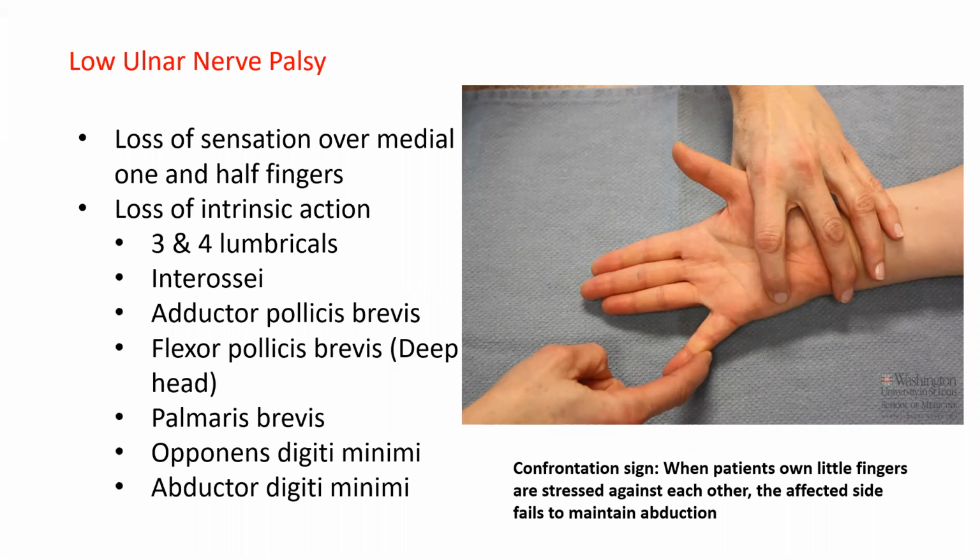Whenever one side is weak, the little finger on that particular side will collapse. Are you able to understand? So when the two little fingers confront each other, the paralyzed side will collapse. So this is called the confrontation sign.